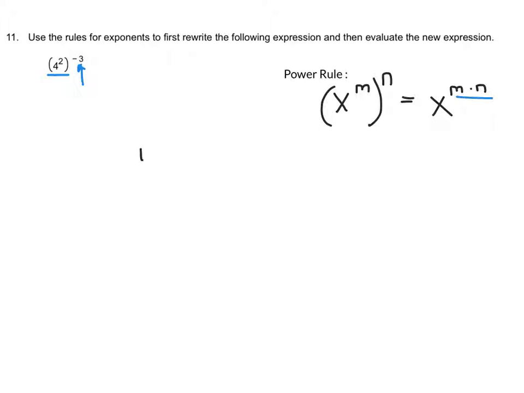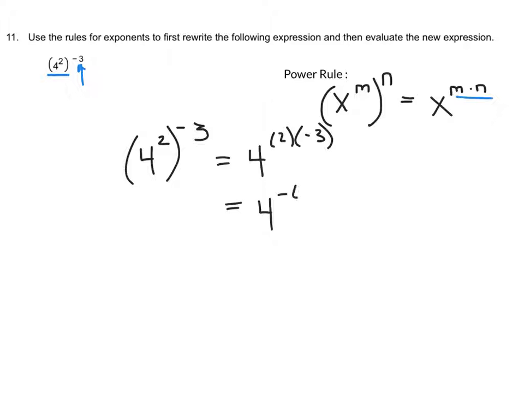So we have 4 squared, and this is being raised to the power of negative 3. I'll apply the power rule by multiplying 2 times negative 3. So we keep the base of 4 and then multiply 2 times negative 3 together. And we get 4 raised to the negative 6th power.